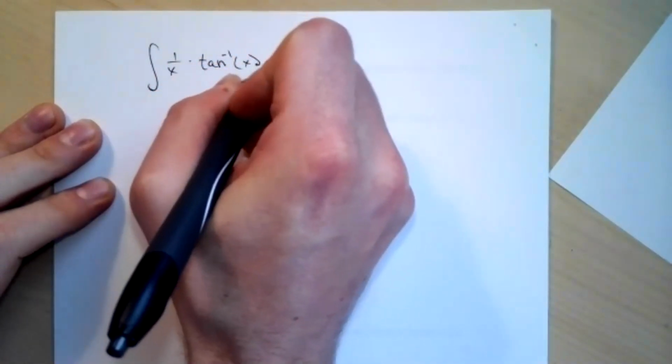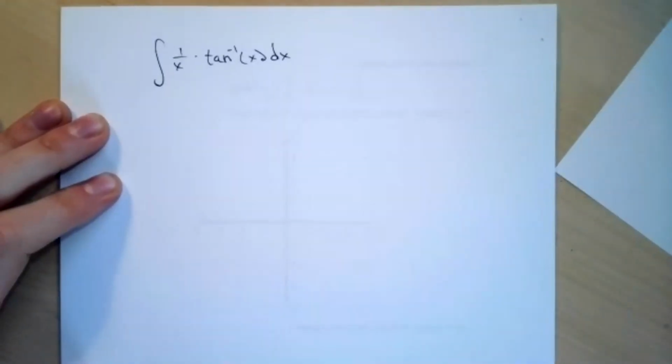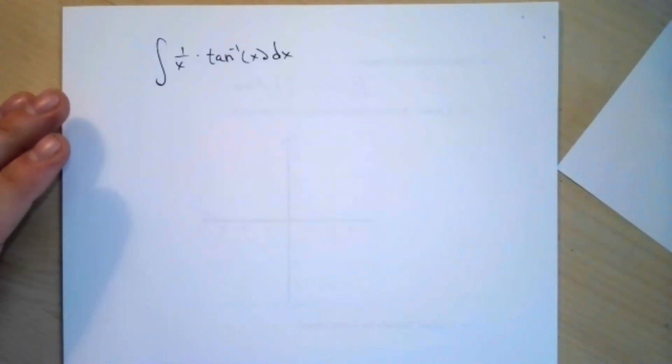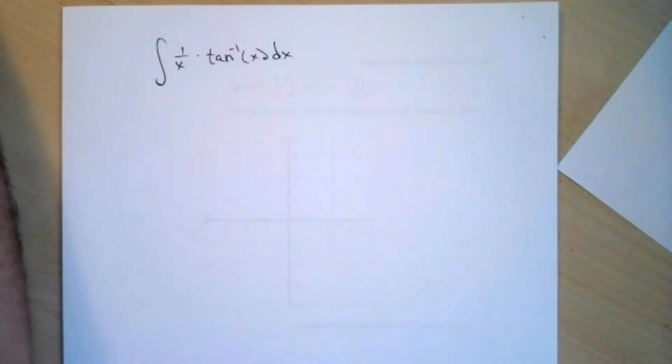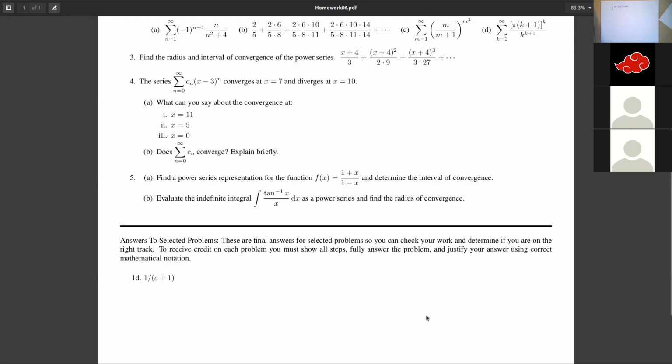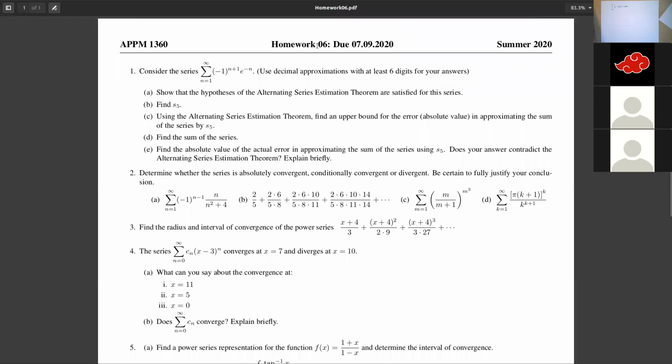Oh, because in the written homework, I think it's arctangent to the x over x times x. For which one? For 5b. Yeah, I don't know, there's an extra x hanging off the fraction. I don't know if that's a typo or not. Unless I have the wrong file. So this is your homework 6.